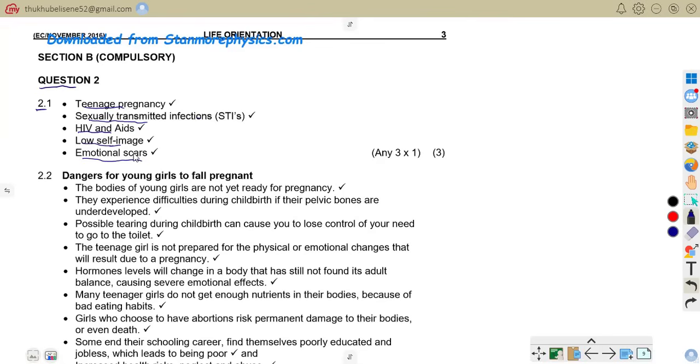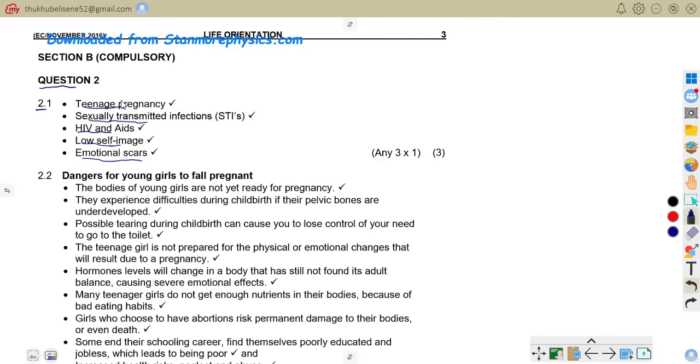Low self-esteem is having little confidence or a poor self-image, often caused by judgment, rejection, or fear. Emotional scars are deep emotional pain from hurtful experiences that can affect a person's feelings and behavior for a long time. So that is that, and you are to mention three.